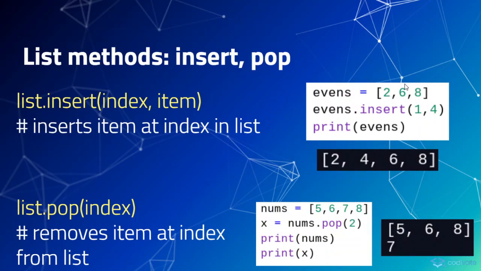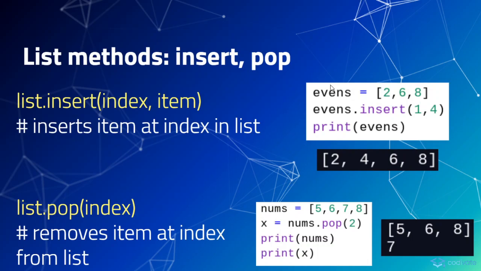Let's look at a few more methods. If you want to insert an item into a list, we can use the conveniently named insert method. So this one takes two parameters that are separated by commas. The first parameter it takes is an index. The second parameter it takes is the item you're inserting. So what this will do is insert the item that you input at the index that you input.